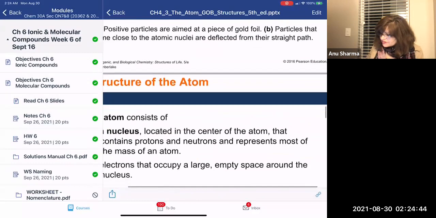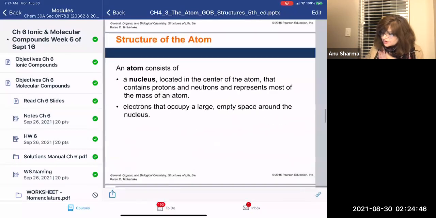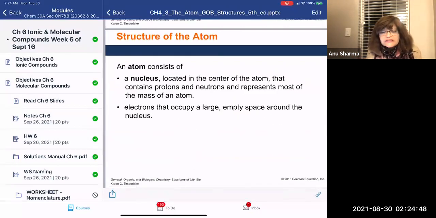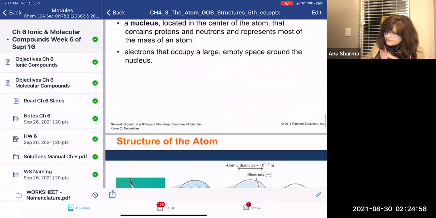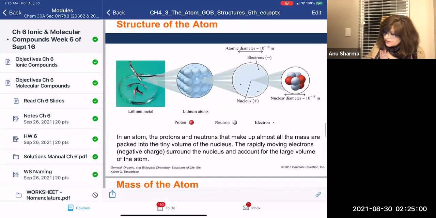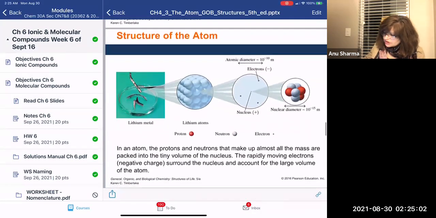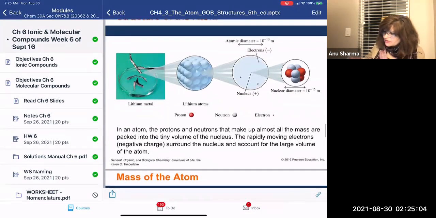That gave the structure of the atom. As we discussed, the nucleus is located in the center of the atom, contains protons and neutrons, and represents the big mass of the atom. The electrons occupy large empty spaces around the nucleus. The structure of the atom basically looks like this, the one over here.